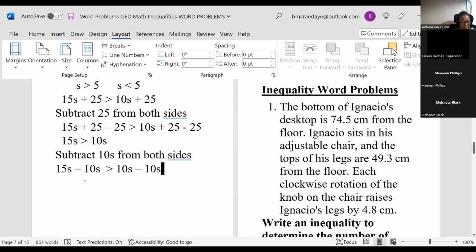On the left side, 15S minus 10S. That's 5S. Okay, 5S. That's right. You subtract the coefficients. Greater than, what's 10S minus 10S? 0. Okay. Now, solve for S.